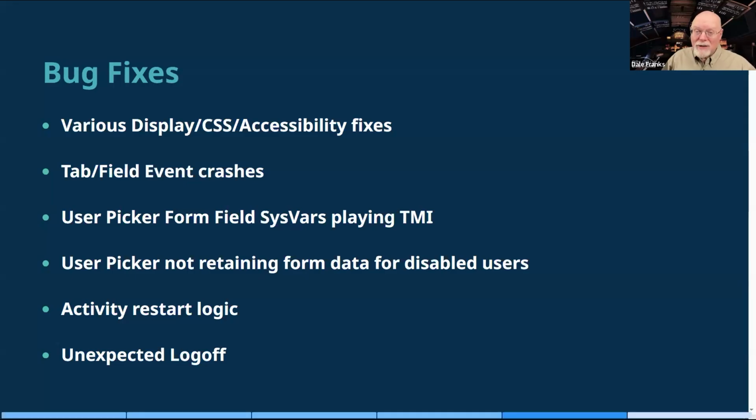Well, Bob as the user should still be saved in that form. But whenever I opened the form, because Bob was disabled and he didn't show up in the galaxy of active users, it would erase Bob from the form field and it would show up as blank because there was no Bob. So that's just a case of checking for the logic of whether that user had been disabled or not.